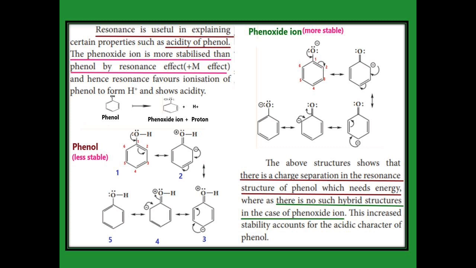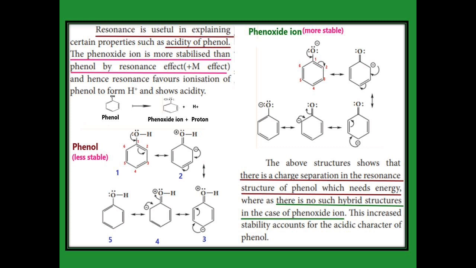See the structure. In the first structure, there is a double bond between the first and second carbon. The pi electron of the double bond goes to the second carbon, and the lone pair present on the oxygen goes to the first carbon. So between the first carbon and oxygen there is a double bond, and the second carbon contains negative character.